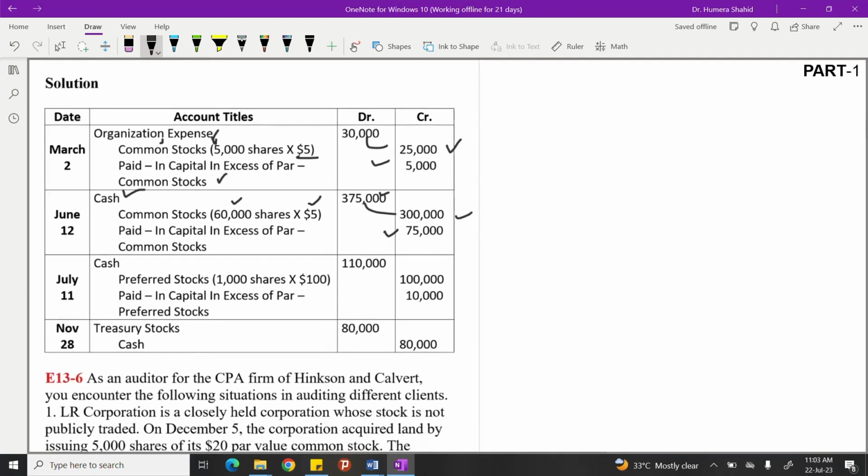So 1,000 shares are issued. Cash gets debit, 1,000 shares multiplied by 110, that is 110,000. Preferred stock gets credited with par, just like common stock. So 1,000 shares, 100 is the par value, so that is 100,000. And the excess was $10. You can take a difference, but you can also multiply 1,000 with 10, which is the excess, that is 10,000.